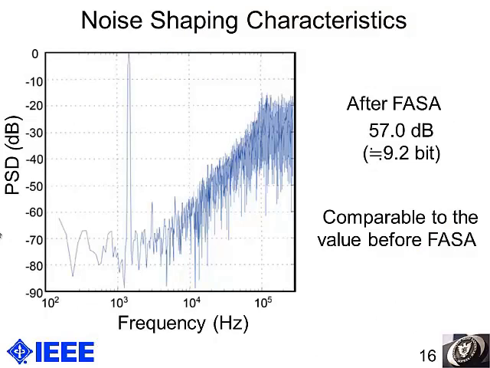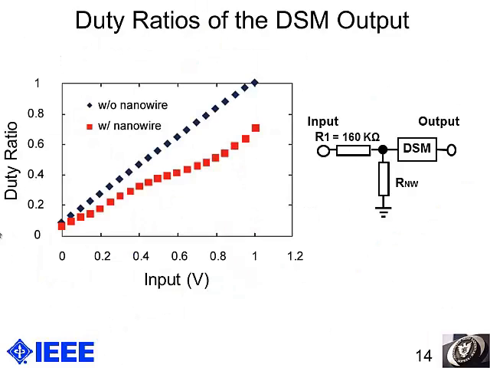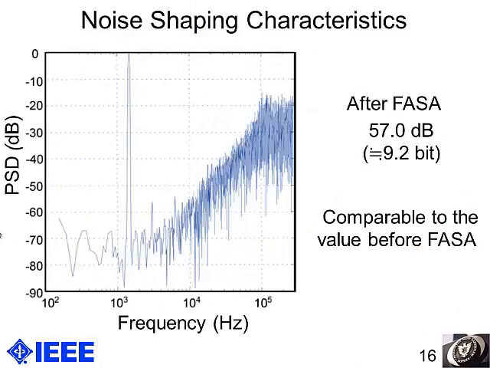This slide shows noise shaping characteristics. The SNR is 57.0 dB after the FASA process. This is comparable to the value before the FASA process.